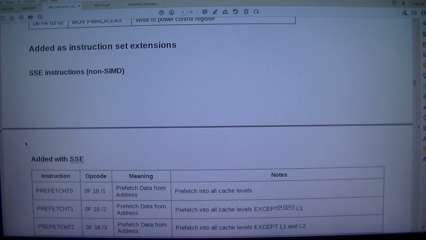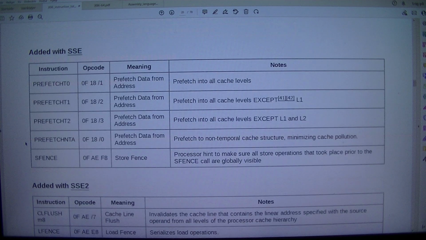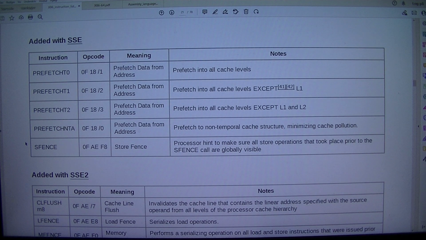Added as instruction set extensions. SSE instructions, non-SIMD. Added with SSE. Instruction, opcode, description: PREFETCHT0, 0F18/1: prefetch data from address into all cache levels.